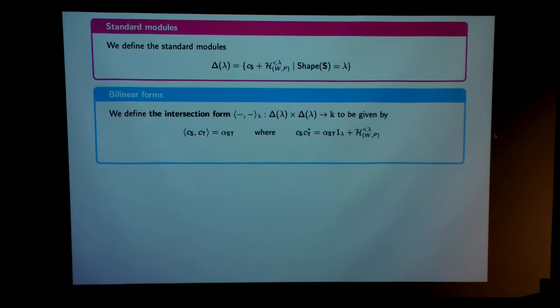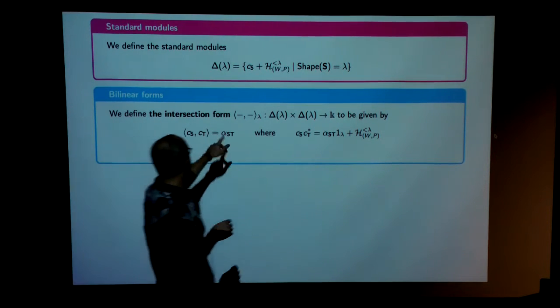At the top of this is an idempotent with common colors. At the bottom is an idempotent with common colors. And so when you rewrite this, you're just going to get, I'll go to the next slide, 1_lambda, the skinny bit there, times some coefficients. And those coefficients are what is going to tell you about the module, essentially.